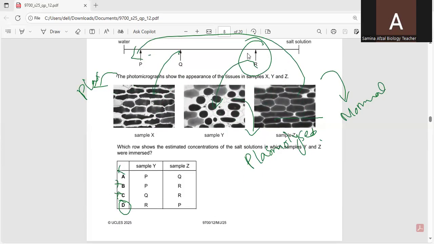You know why the cells are plasmolyzed? This is actually the simple process of osmosis in which the water moves from its higher water potential towards the lower water potential. As we add the salt into the water, its potential will decrease and it will be highly concentrated, and only the distilled water shows the maximum potential.